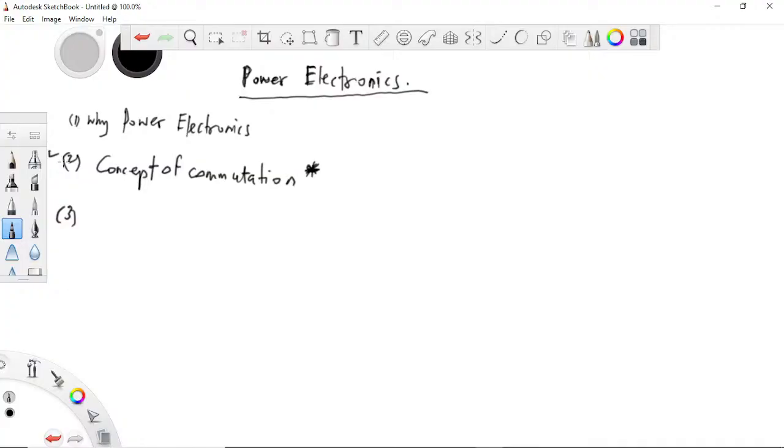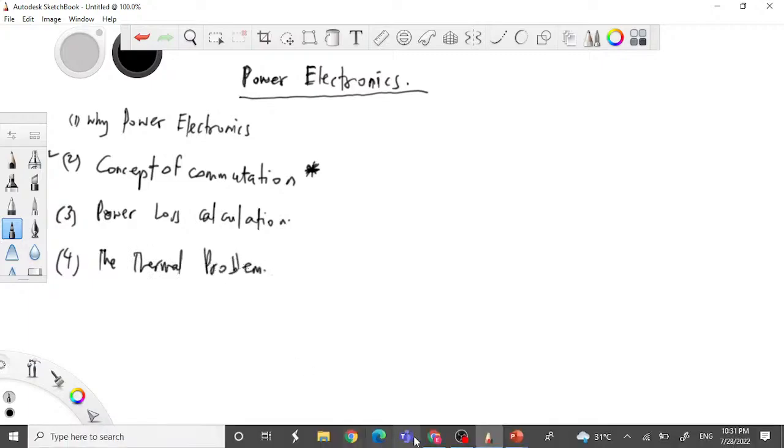And then finally we'll look at power loss calculations, and then God willing, we should be able to get to the thermal problem. So this is where we are supposed to get to.